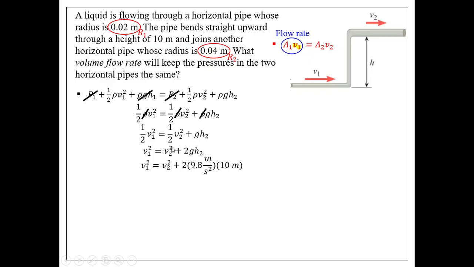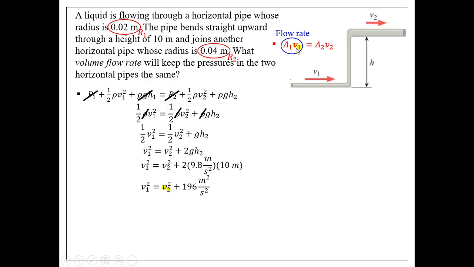Here, I'm going to do a little plug and chug. g is 9.8, and h here is just 10. We're dealing with conservation of energy here, so I'm going to plug in g as 9.8, not negative. As you can see in this particular statement that I have previously, V2 is unknown. In order to find flow rate, once again, I need A1, which I do know because the radius of the first horizontal part of the pipe is given as 0.02.